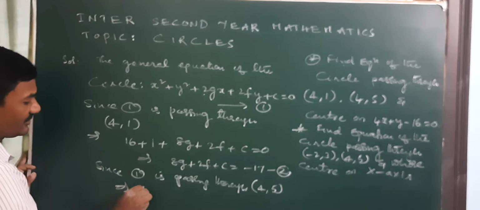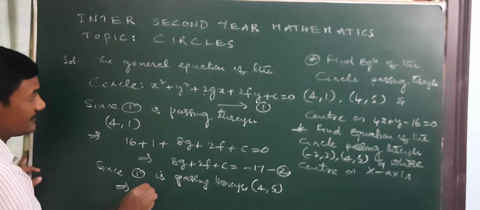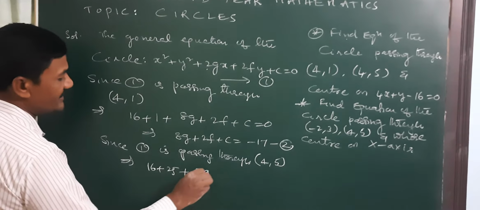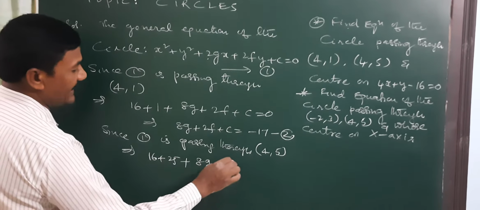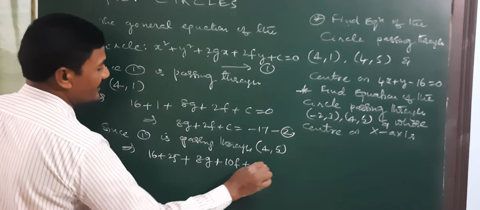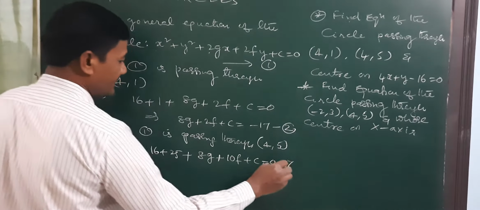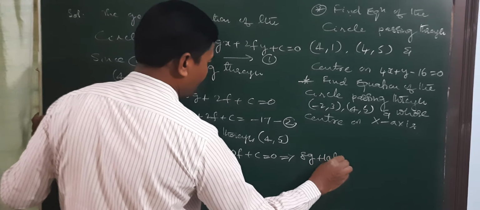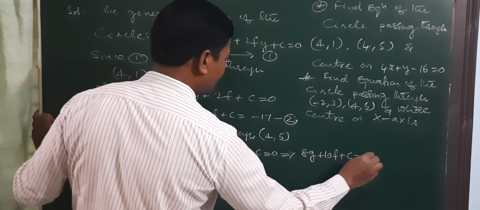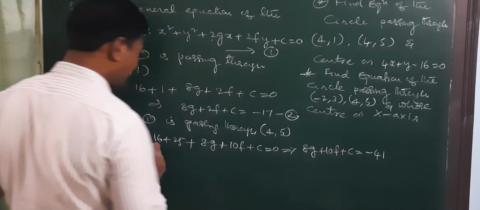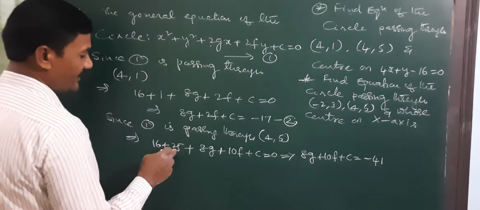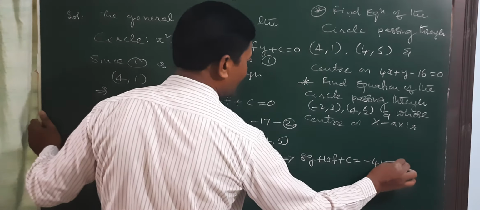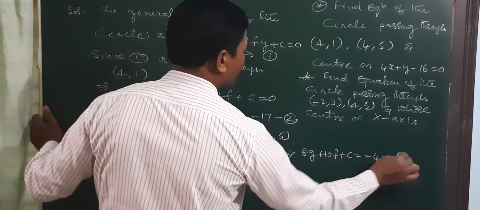So 4 square is 16 plus 25 plus 8g plus 10f plus c is equal to 0. That implies 8g plus 10f plus c is equal to minus 41, because 16 plus 25 is 41. This is equation 3.